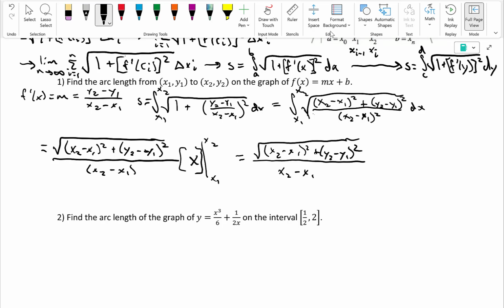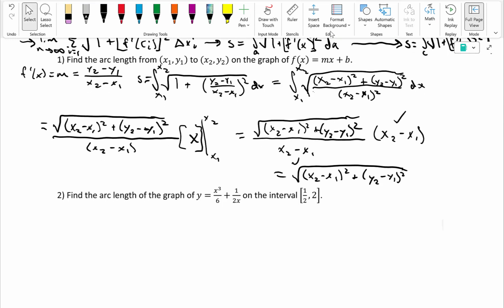So using our fundamental theorem of calculus, that would give us an x sub 2 minus x sub 1, which cancels out with the one we've got in the denominator. And we can see that our formula for arc length, when we find the length of a nice straight line, still gives us our normal straight line distance formula, the square root of x sub 2 minus x sub 1 quantity squared plus y sub 2 minus y sub 1 quantity squared. So basically it just agrees with what we already knew. All right, so there's the back and forth of it, and we want to try some actual problems.